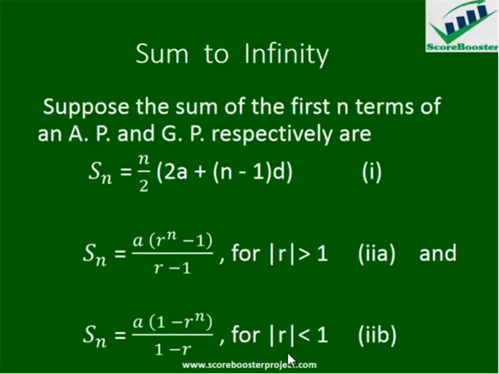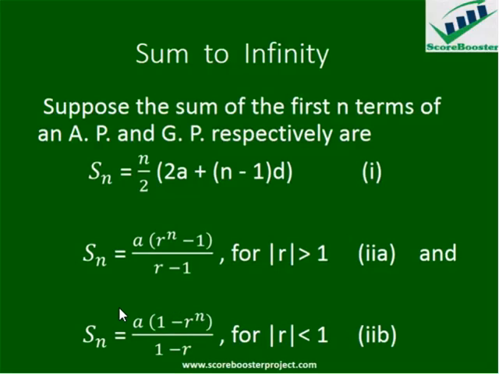That is, r will take its value between -1 and 1. R can be half, r can be 1/3. So the value of r will be numbers between -1 and 1. So that is the meaning. These statements can be written as -1 strictly less than r, strictly less than 1.